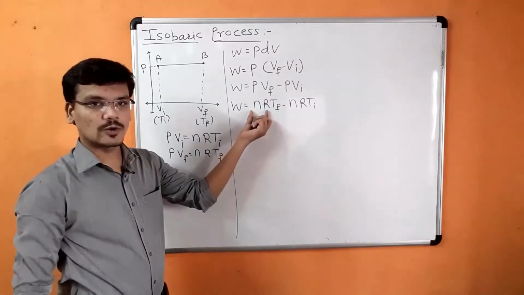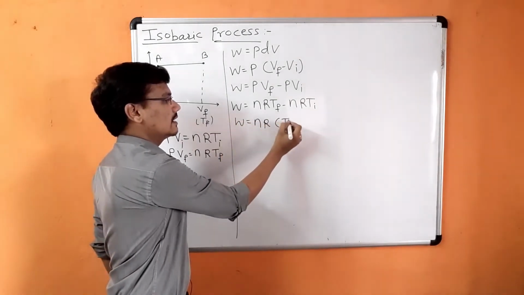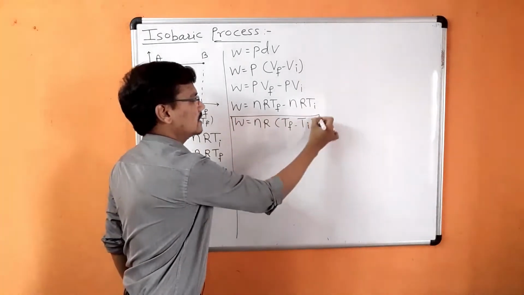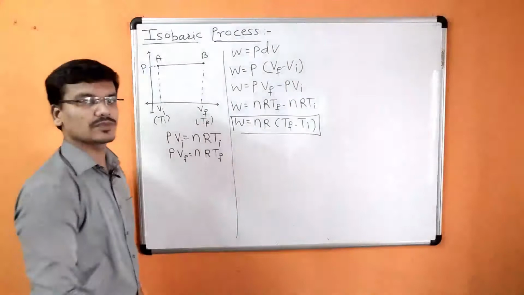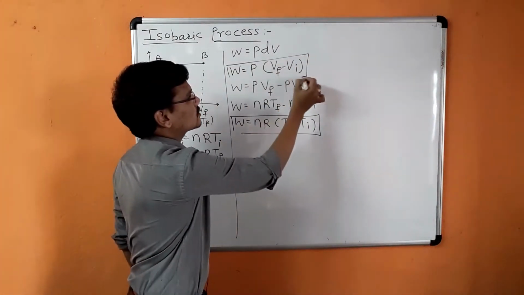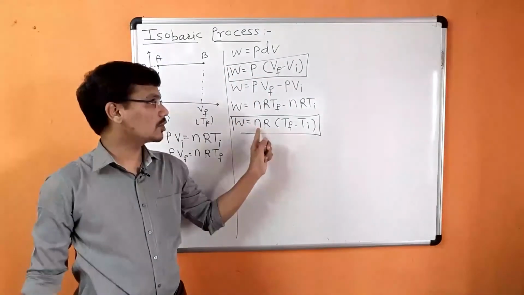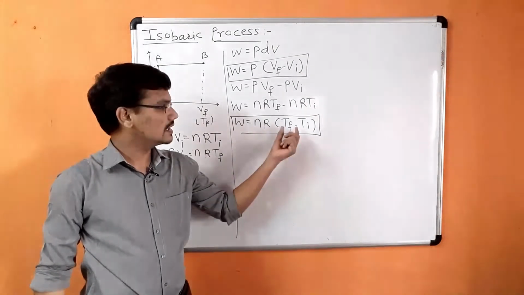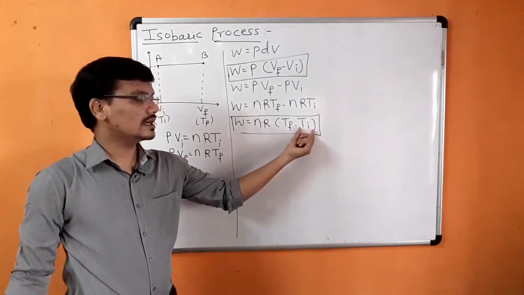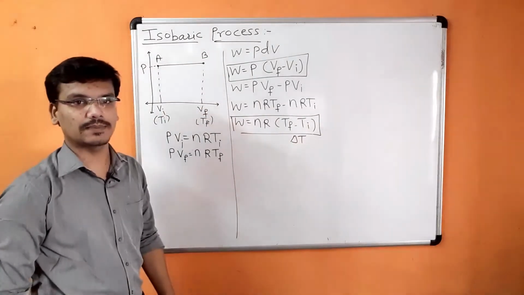Now nR is common, so W equals nR(Tf minus Ti). This is the work done during the isobaric process, the first form in terms of volume and this one in terms of temperature, where n is the number of moles, R is the gas constant, Tf is the final temperature and Ti is the initial temperature. Tf minus Ti is delta T, the change in temperature.